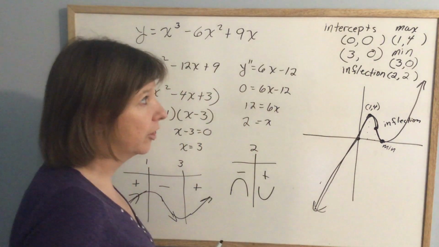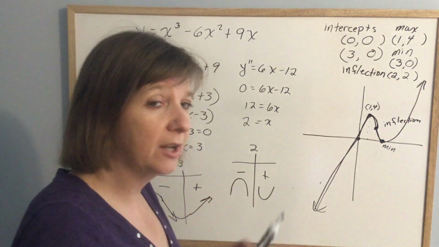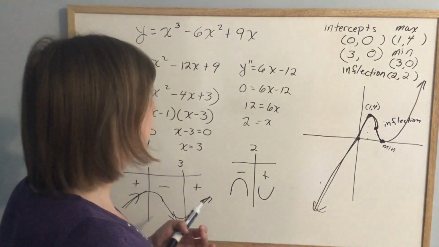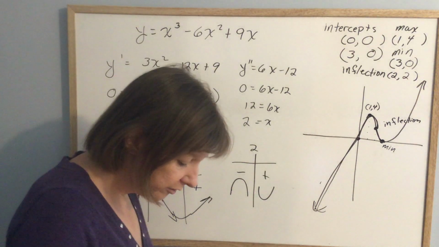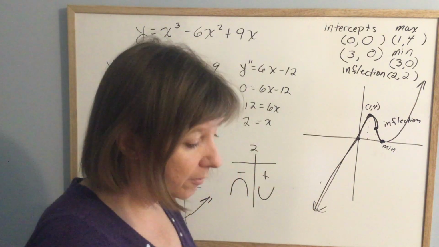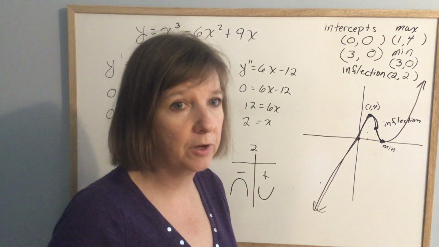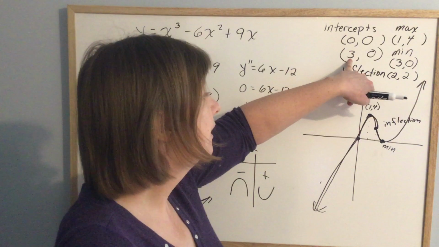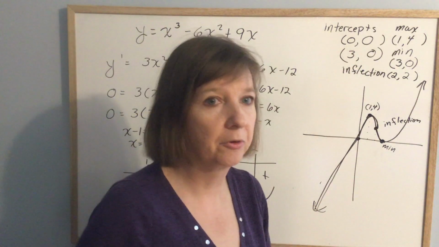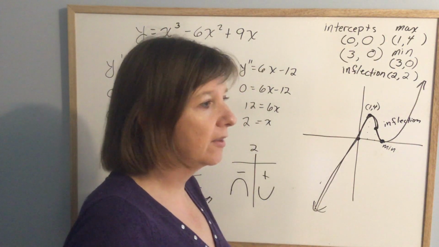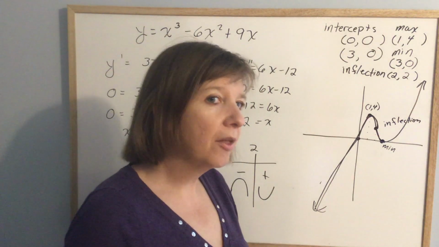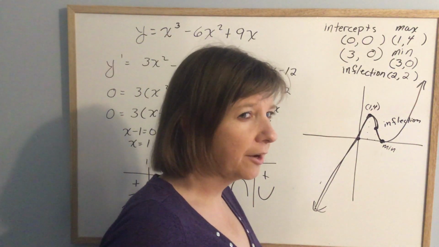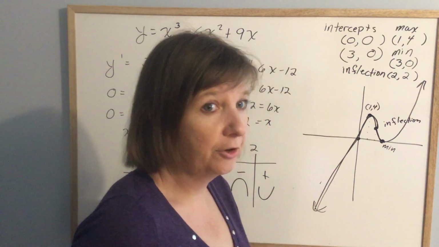So just to recap, this is just putting everything together. First thing I did was find intercepts, x-intercepts and y-intercepts. What I will tell you is if it becomes very, very complicated to figure out, especially the x-intercept, don't bother with it. Like if you're going to have to do synthetic division and all this really complicated stuff to figure it out, then you don't need to.